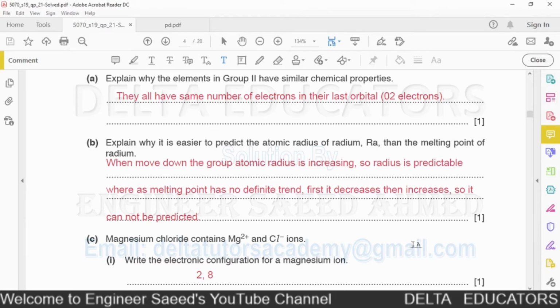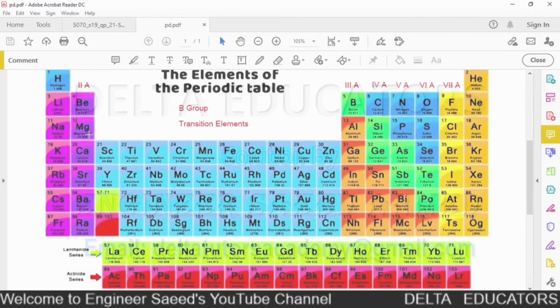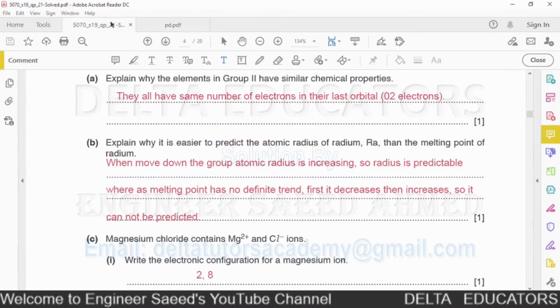Part C. Magnesium chloride contains magnesium ion and chloride ion. Write the electronic configuration for a magnesium ion. Magnesium belongs to 2A group and the number of protons or number of electrons in magnesium is 12. Now here it is asked the electronic configuration of magnesium ion.